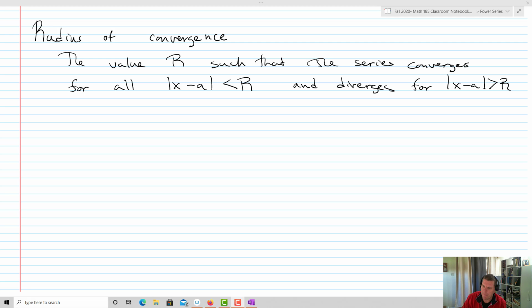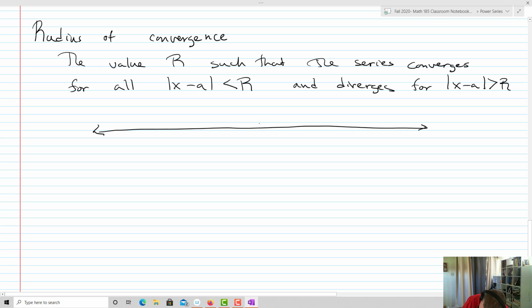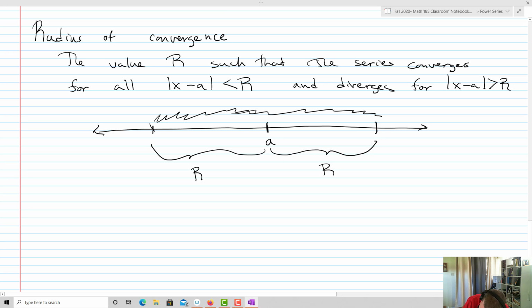Imagine I've got an interval, and here's a, and that distance right there is r. Anything inside of that set of values, within r on either side of a, is convergent. Anything outside of it is divergent.